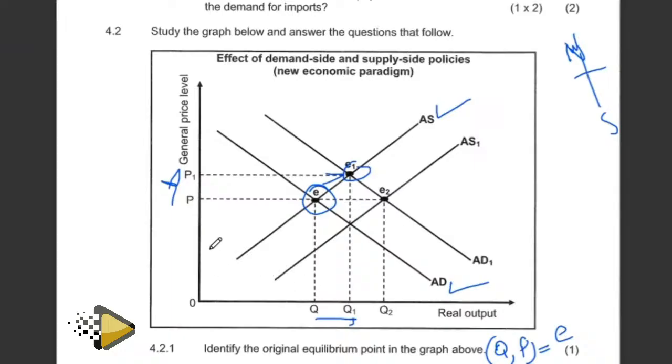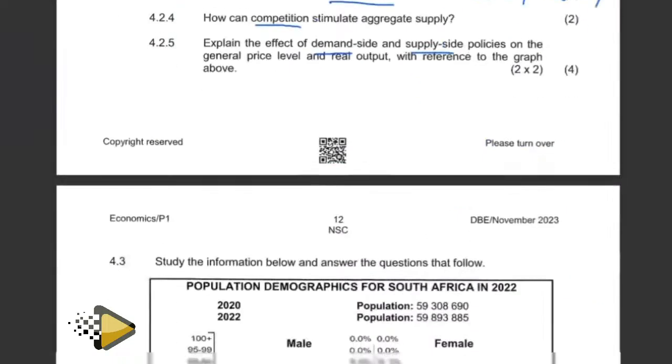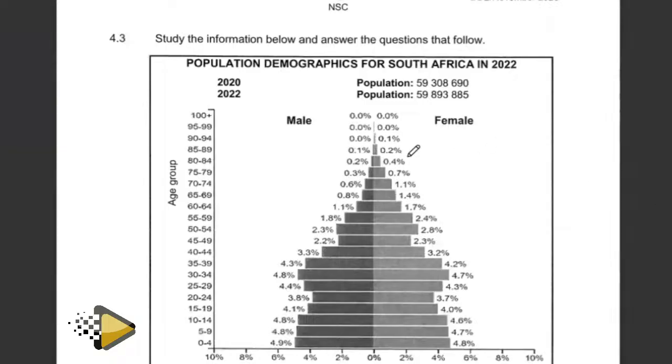Those prices also influence the quantity to move from Q1 to Q2, while the price remains the same at P. That is why we end up having this shift under aggregate demand.